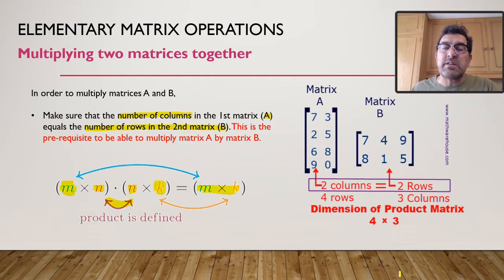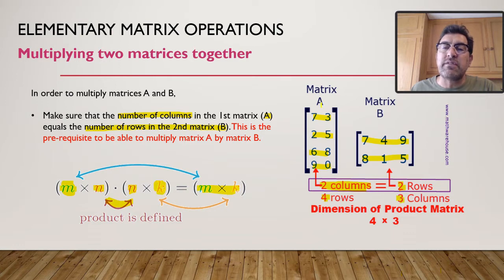Okay, so let's have a look here. There's 1, 2, 3, 4 rows and there's 2 columns, so the second entry is 2. There's 2 rows, first entry, and 3 columns. So this will be a 4 by 3 matrix.